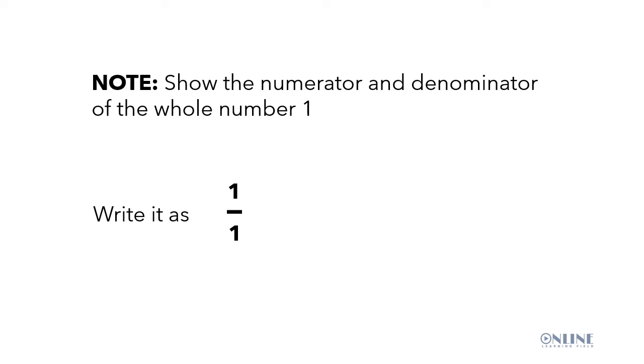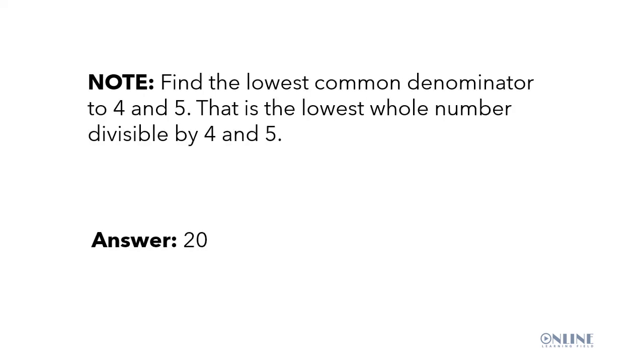All we need here is a means of representing a numerator and a denominator for the whole number 1. To subtract 9/20 from 1/1, we need to find the lowest common denominator divisible by 1 and 20. That number is 20.